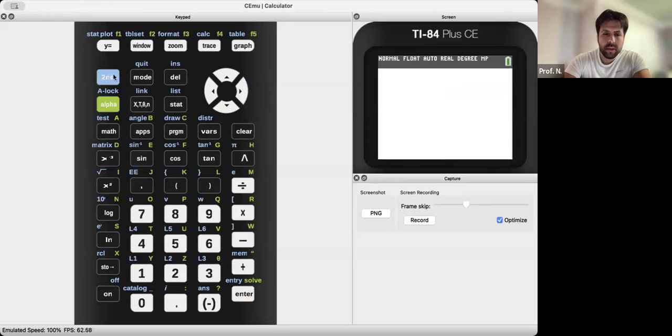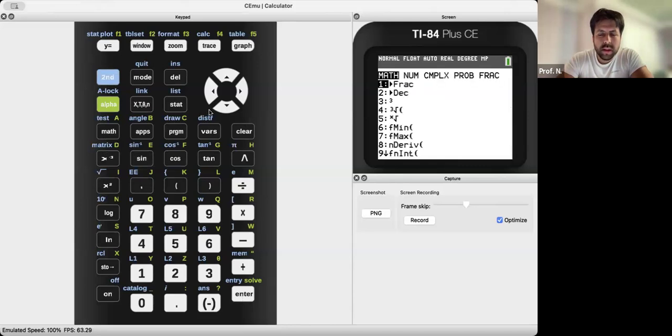Now I can go to second matrix again, pick A, so I have that matrix, and just literally raise it to the -1 power. That's how easy it is on a calculator to find the inverse. Then I multiply it by the column vector B. Press enter, and I get some kind of fraction.